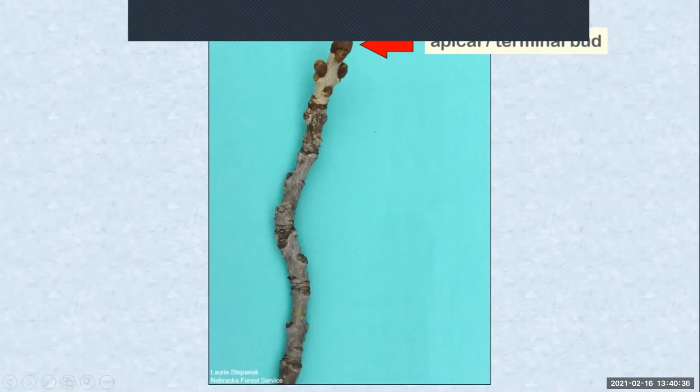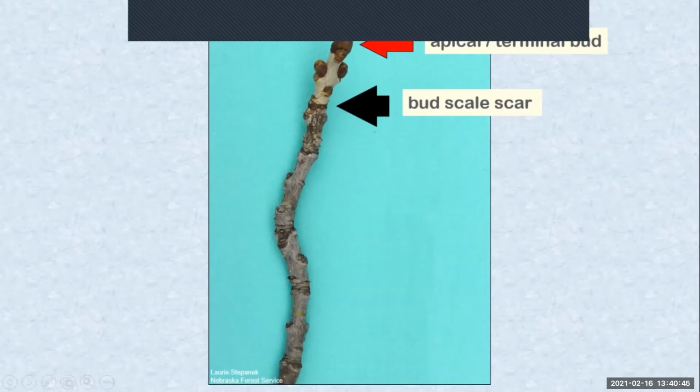Another aspect to look at on twigs are what is called bud scale scars. And that's this horizontal line here, which encircles the twig. The bud scale scar is produced when the scales from the bud, which surround the bud, fall away in the spring and leave behind a little scar.